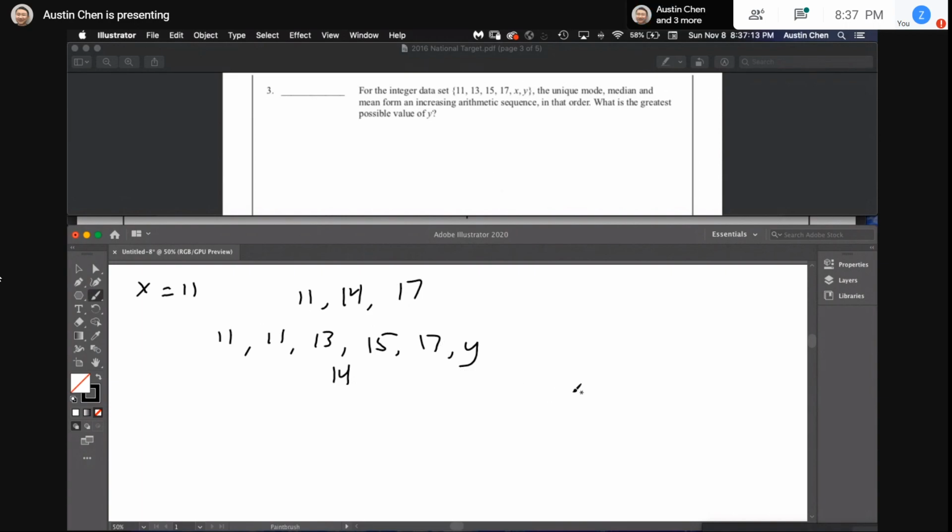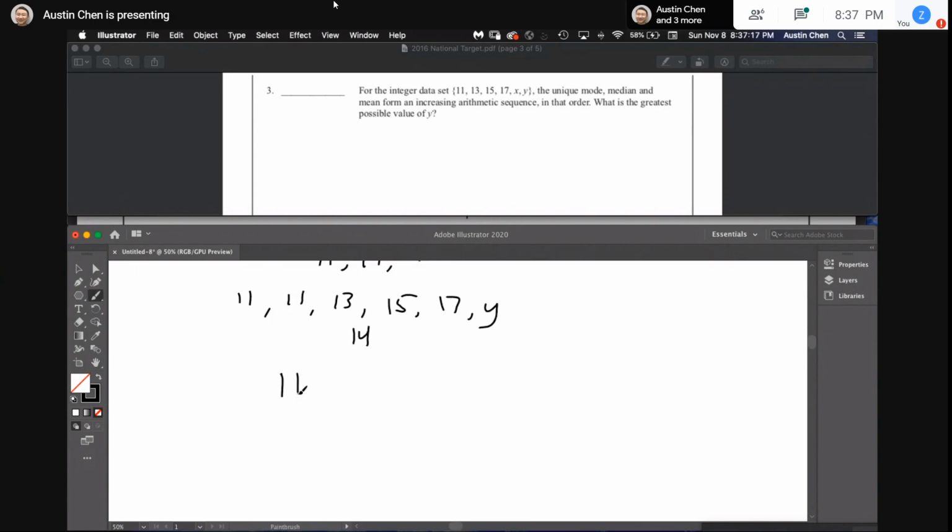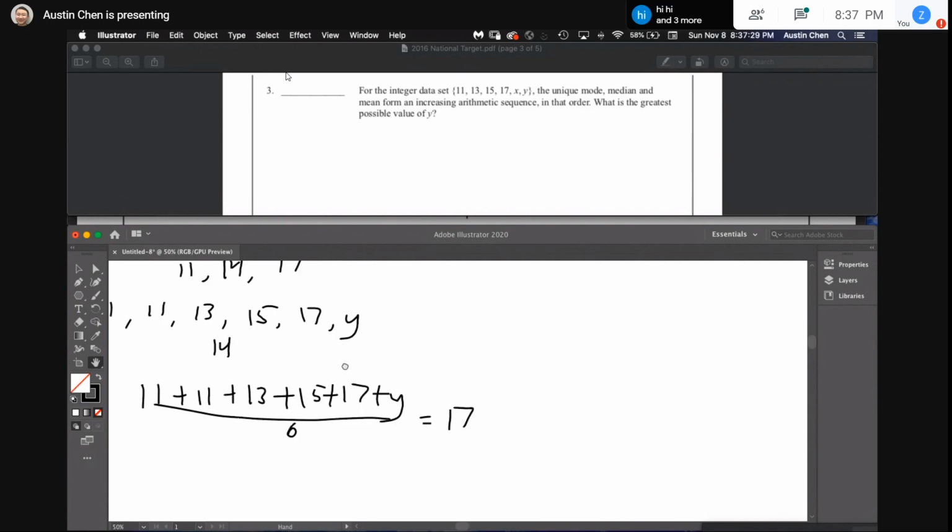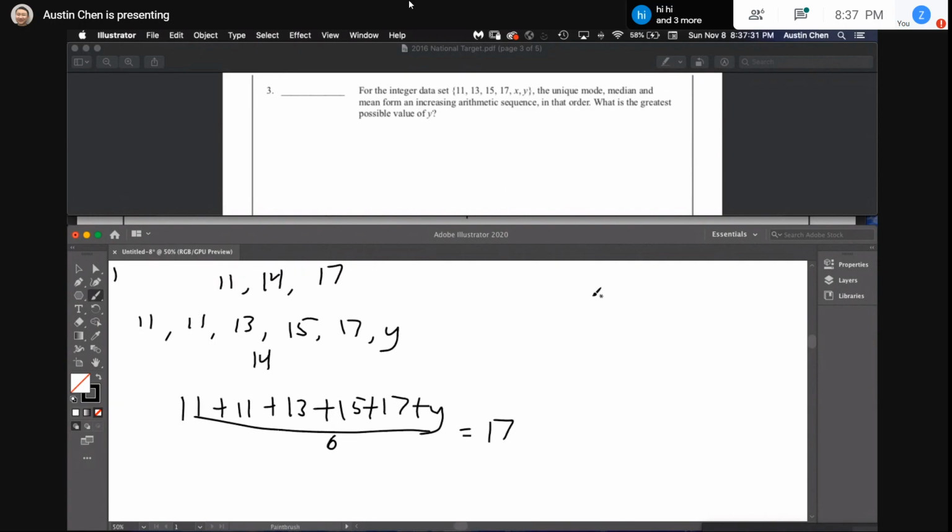You could do it by using the formula, summing all of these numbers, dividing by 6, and setting it equal to the mean, which is 17. But I have a cooler and faster way to do it.